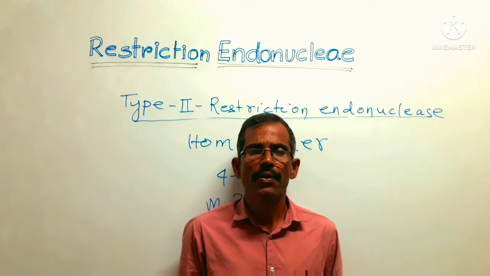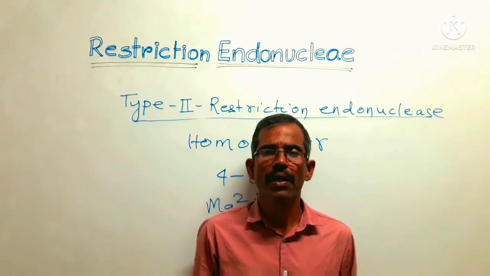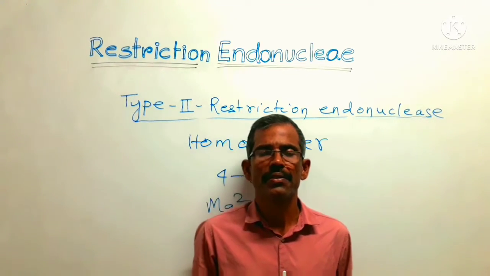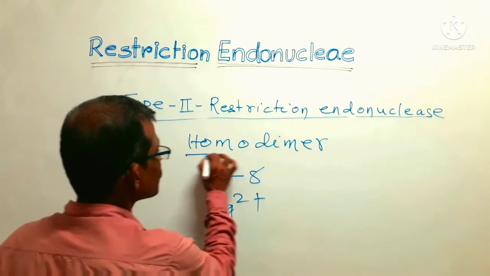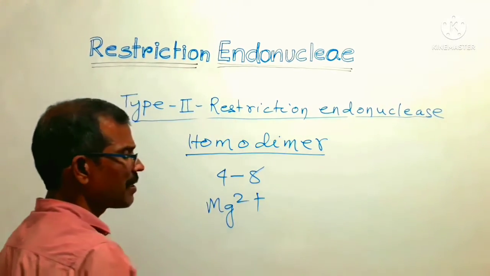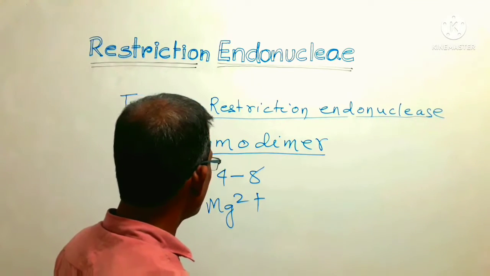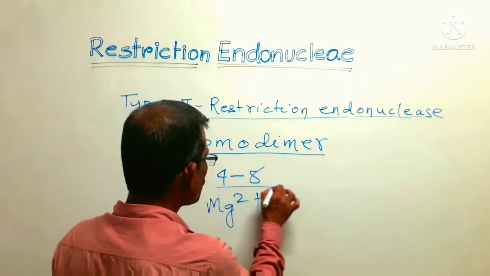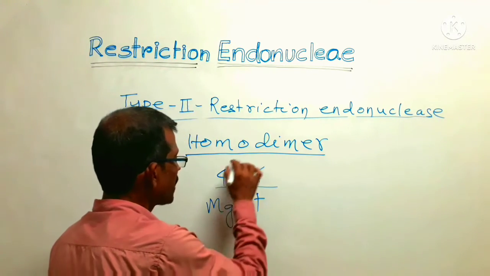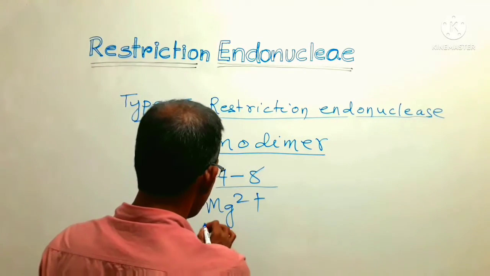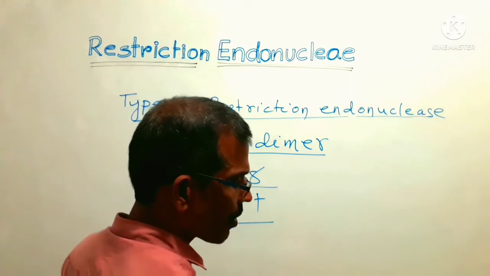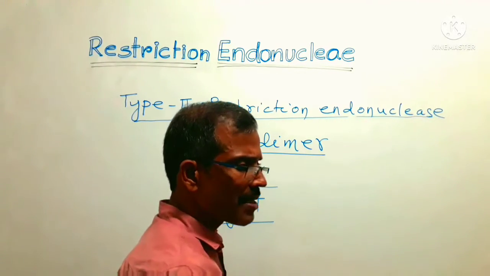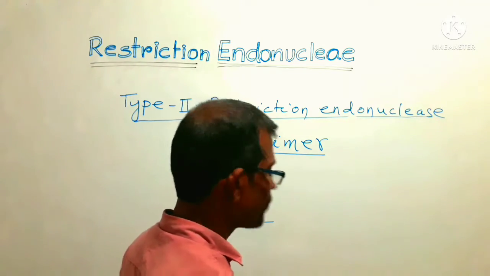Type 2 restriction endonucleases are the most commonly available and commonly used restriction endonucleases. They form homodimers. The recognition site is undivided and palindromic, and the recognition site is 4 to 8 nucleotides in length. Type 2 restriction enzymes require divalent magnesium ion for their activity, and these enzymes recognize and cleave at the same site.